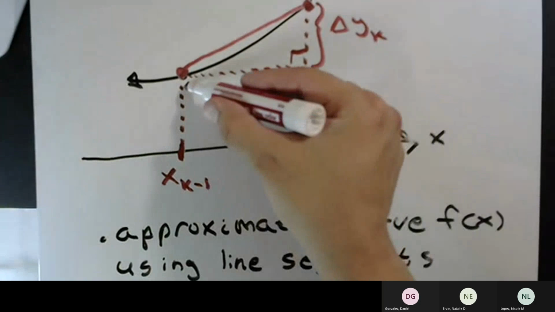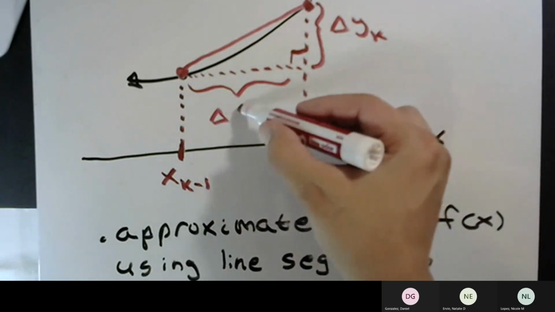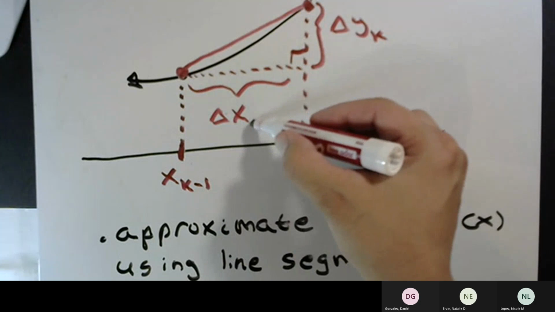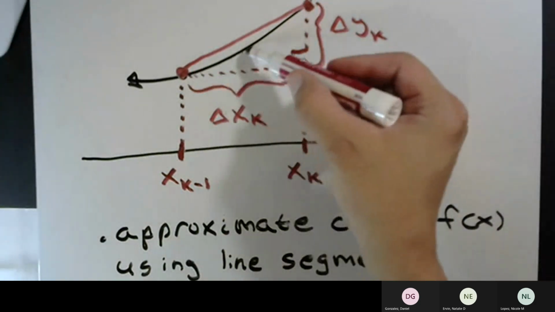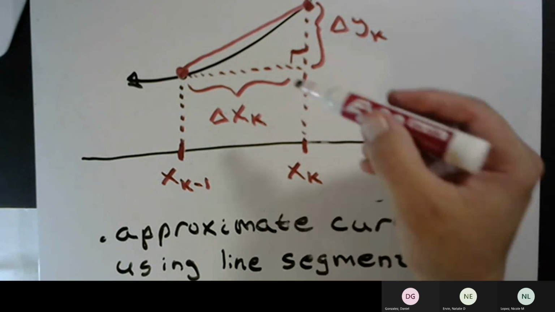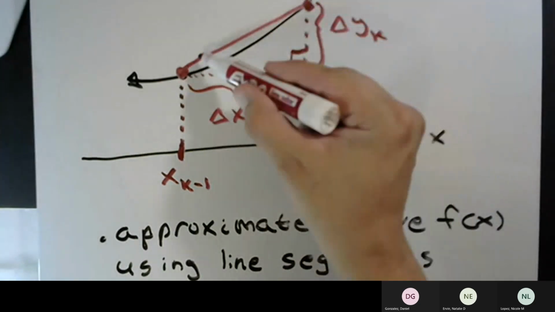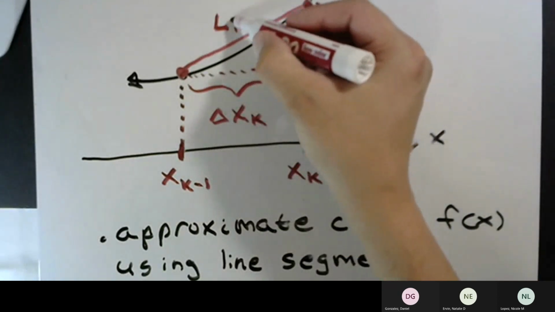And we're going to call the width delta xk. And the length of this part of the curve, we're going to call the line segment here, approximating that length, lk.